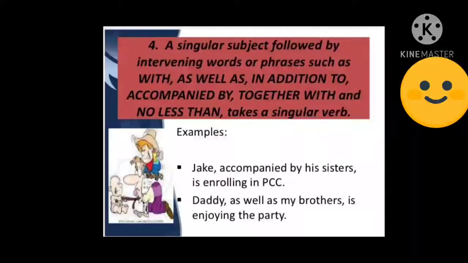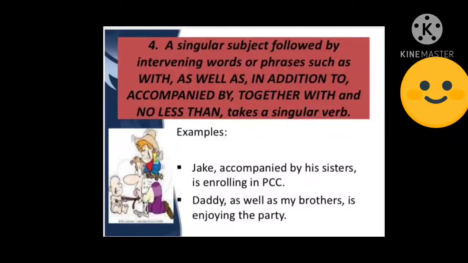Jake, see, that is the subject. And what is the phrase used here after the subject? Accompanied by. His sisters. What is the next subject? His sisters. Though his sisters is plural, when accompanied by, as well as, and all these phrases are used, we should always consider the first subject only.